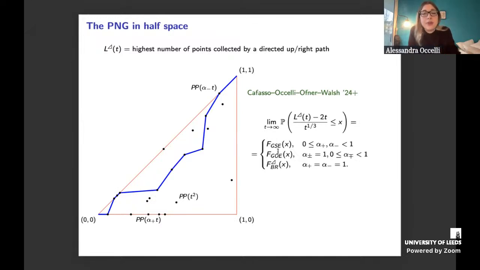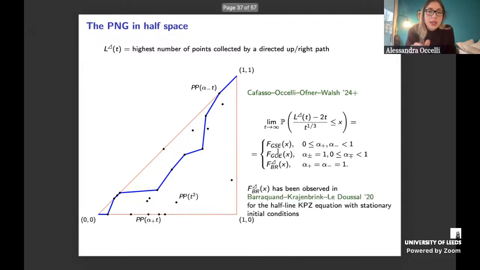And the interesting case, or the novelty, is the case when alpha plus and alpha minus are equal to 1. And here we characterize this Baik–Rains distribution in half space. Actually, just a remark, this half space Baik–Rains distribution was observed also by Barraquand, Krajenbrink, and Le Doussal for the half-line KPZ equation with a stationary initial condition.